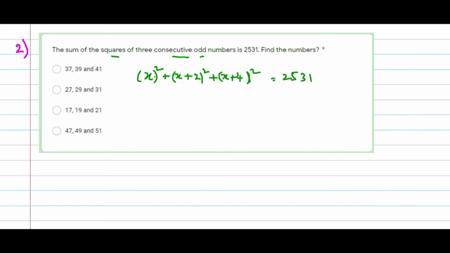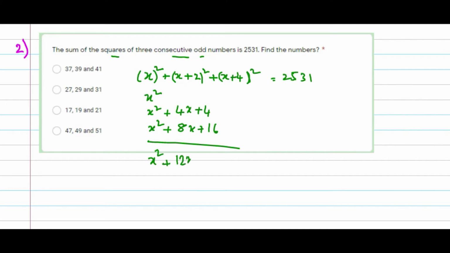Now this is x square, and this is x square plus 2ab means 4x plus 4. This is also x square plus 2ab, 8x plus 16. So in total it will be x square plus 12x plus 20 is equal to 2531.